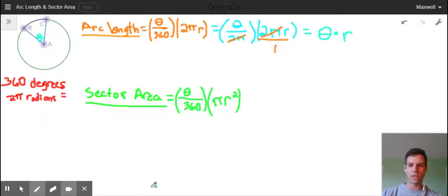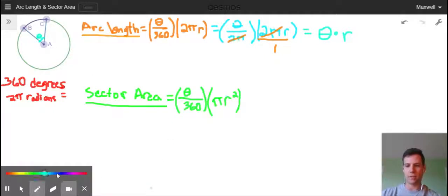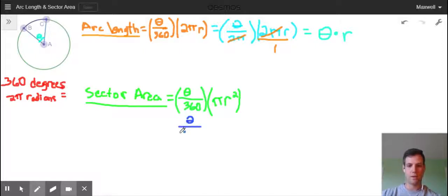Now sector area is a little bit different, but with a lot of similarities. We're still going to replace that 360 first with a 2 pi. So we have theta over 2 pi, and that would be the first parentheses. In the second parentheses, we still have pi r squared as our first part, and then we just have that over 1 since it's not a fraction yet.